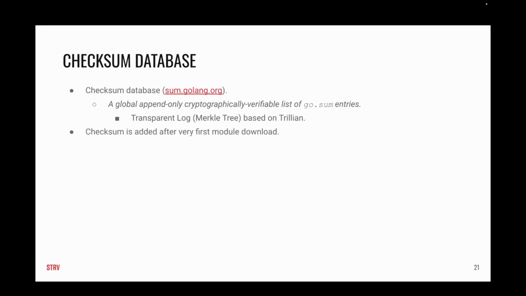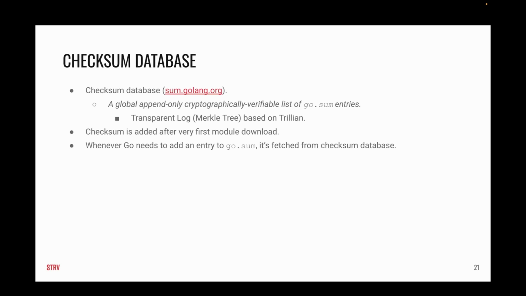Same as the Go proxy, the checksum is added after the first download of each module. So whenever someone releases a new version of a module or creates a new one and downloads it, its copy is stored on a Go proxy, and the checksum is stored in the checksum database.